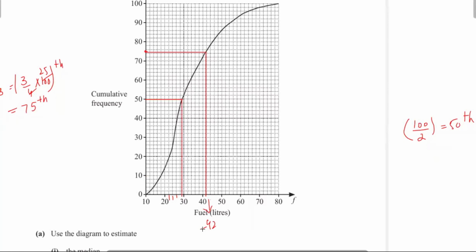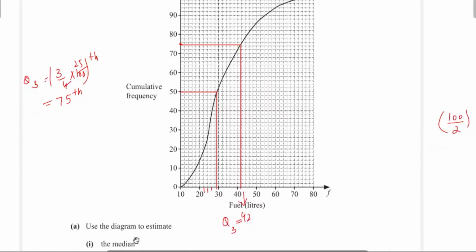And this 42 value is Q3, the upper quartile, and the lower quartile is Q1, and this value will be equal to 1 over 4 of 100, and that is the 25th customer's fuel value.